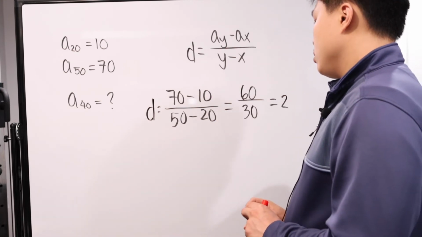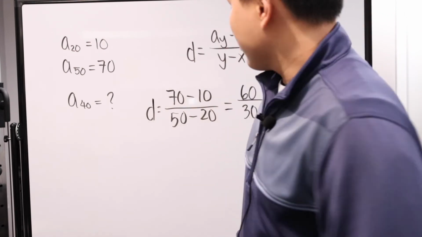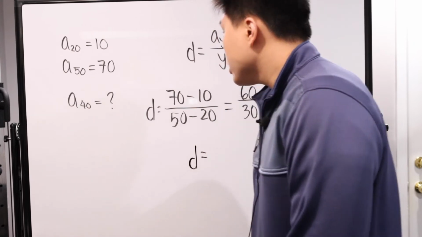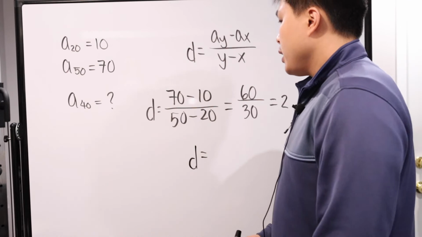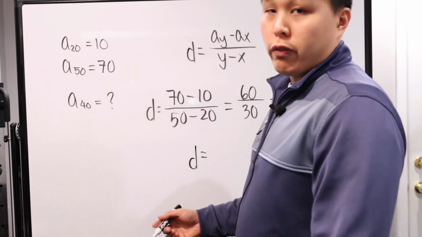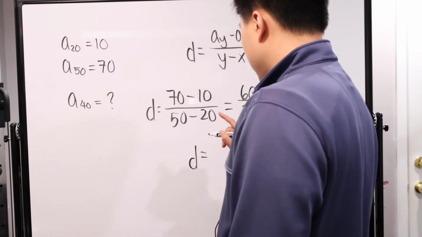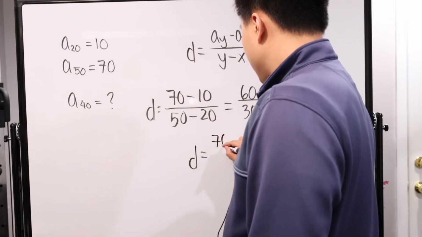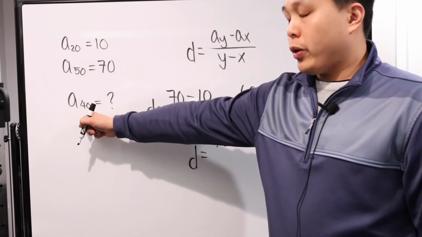Now what else can we do? We can actually use that formula again. Let's try it again. So d equals, and we can actually use either one of those two, but let's just say, my choice, I'm going to use a sub 50. So a sub 50, or the 50th term, is 70 minus, and now instead of a sub 20, we don't care about it, we want a sub 40.